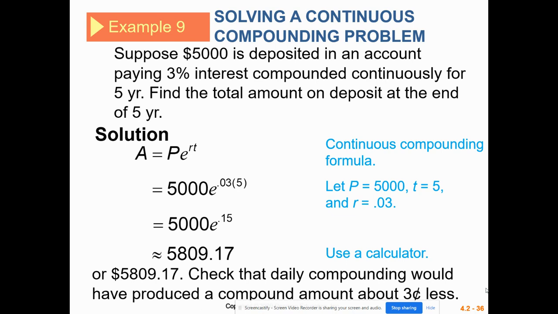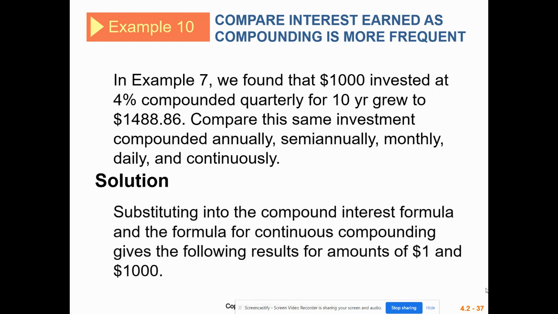It mentions here that if you had used daily compounding, that is an N value of 365 in the other formula, you would have 3 cents less than what we did with continuous compounding. Here we're going to compare some interest. So we found in the very first example that we started with $1,000. We ended up with $1,488.86.